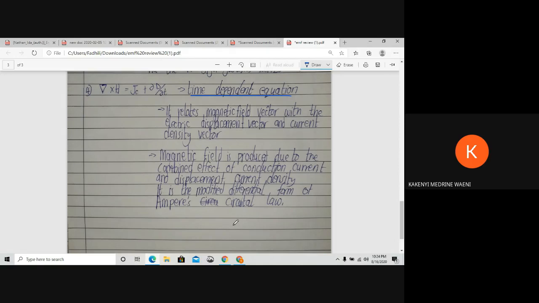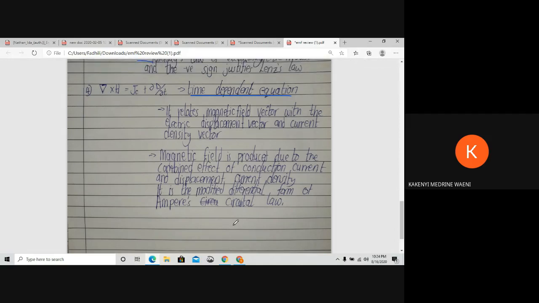Then Ampere's circuital law generally states that the integral of magnetic field density B along an imaginary closed path is equal to the product of the current enclosed by the path and the permeability of the medium.